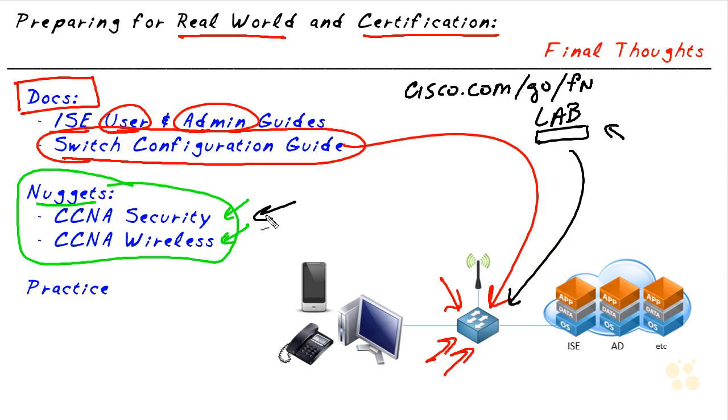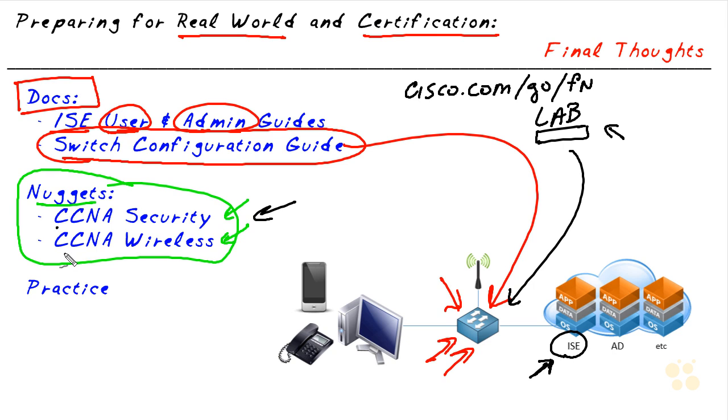And the fact that RADIUS doesn't encrypt the full session between the client and the server, but it does encrypt passwords. On the other hand, TACACS encrypts the entire session between a TACACS client and a TACACS server. And in version 1.2, ISE only supports RADIUS, and as ISE evolves, it will incorporate more and more TACACS functionality as well.